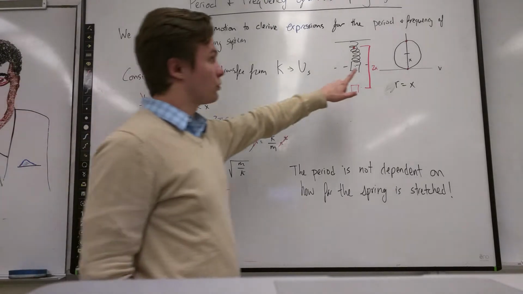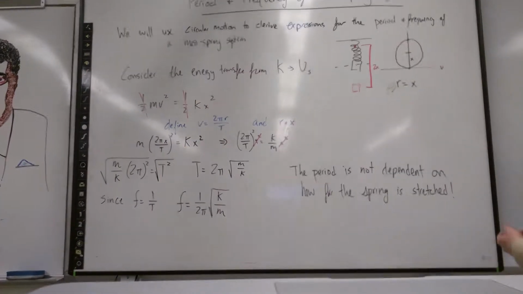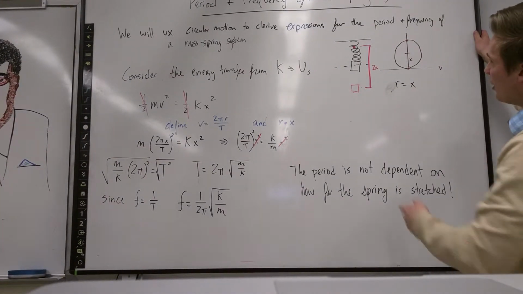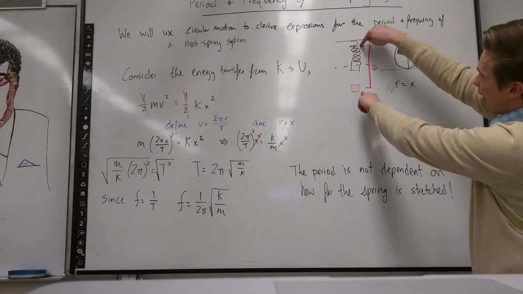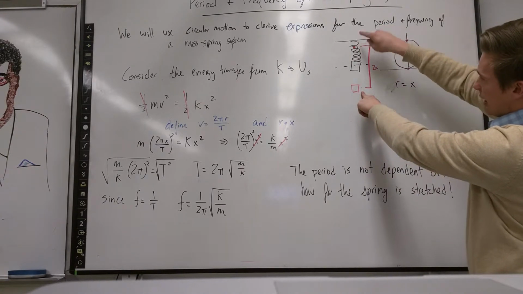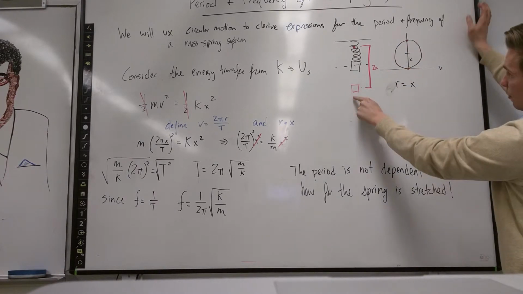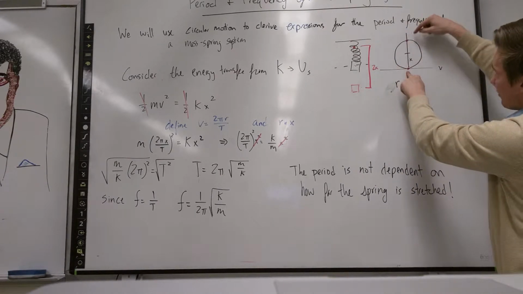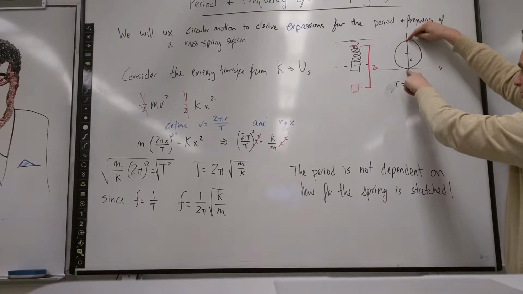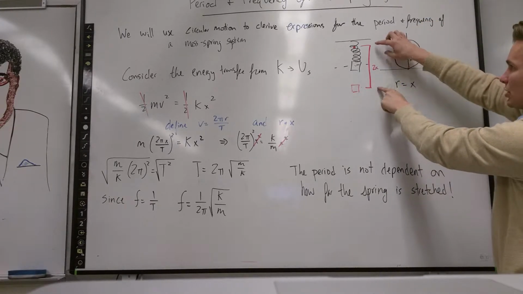If I go back over to my phase diagram, I could see that here's my low point and here's my high point of this oscillating mass. And on the circle, my low point would be here, and my high point in the brown dot would be right here. And this would be 2x, right?